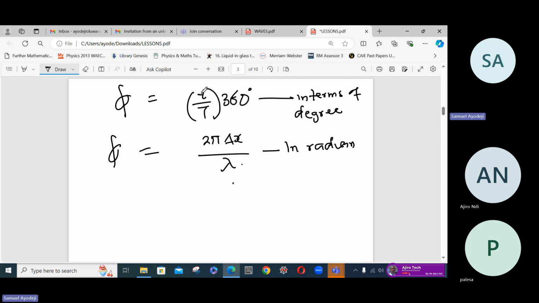Now, for this particular one, it's called time difference. This little t is the difference in the times of the two waves.